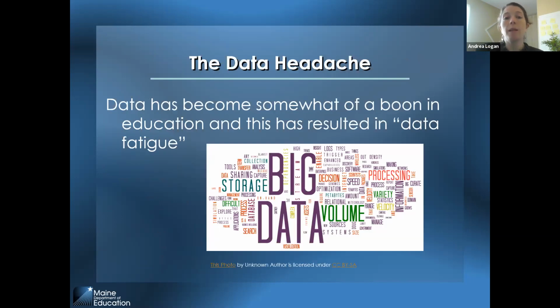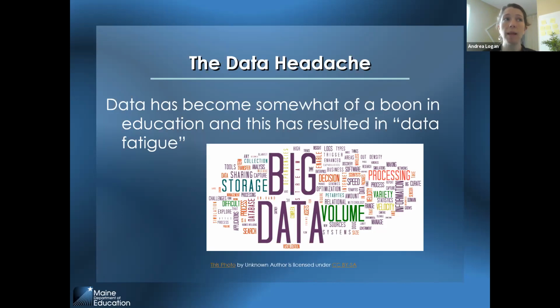But first, I want to talk a little bit about what is affectionately known as the data headache. Data has become somewhat of a boon in education, and this has resulted in a lot of data fatigue.